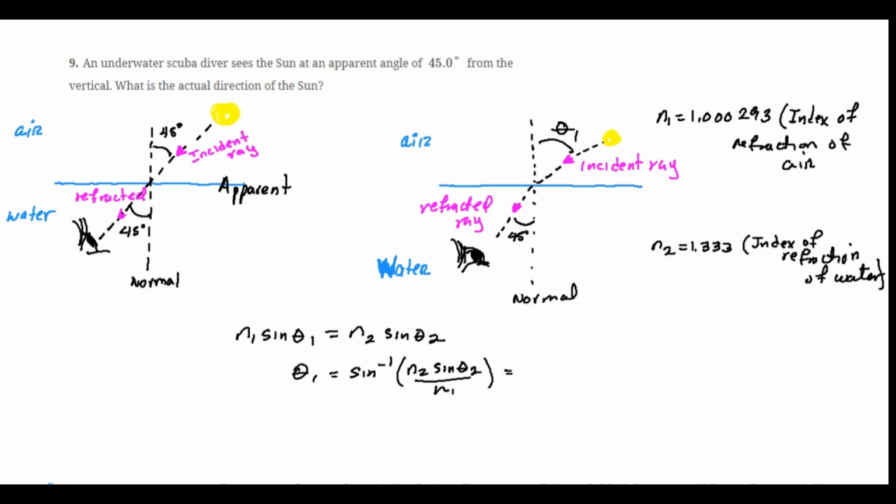So we can now calculate theta 1, the real incident angle, which will be the sine inverse of n2, 1.333, times the sine of 45 degrees, because this angle is 45 degrees, the refracted angle, divided by n1, that is the index of refraction of the air.